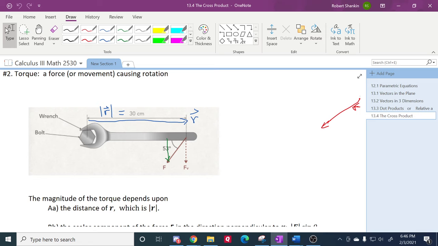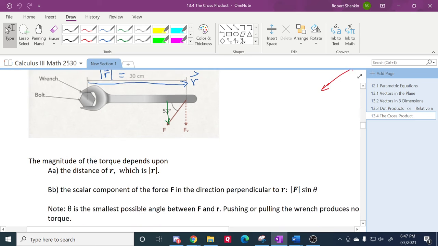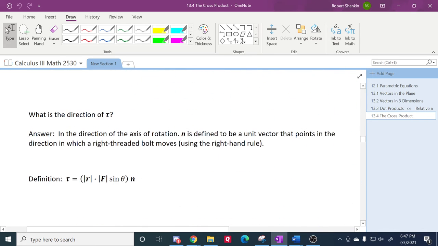That's the right-hand rule, and it would move perpendicular to this plane. We go into the other surface.